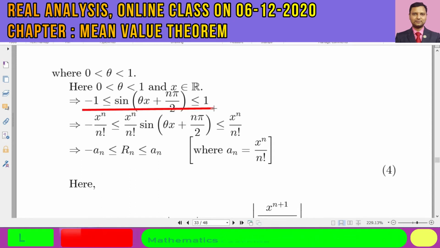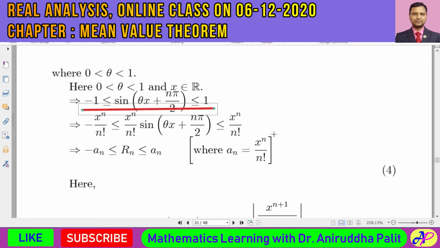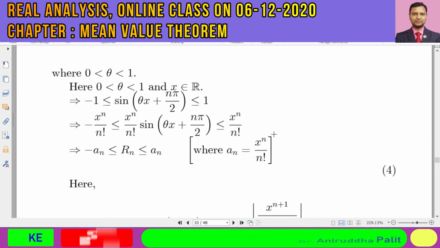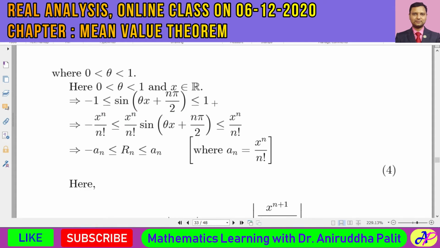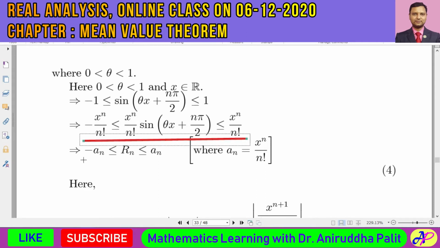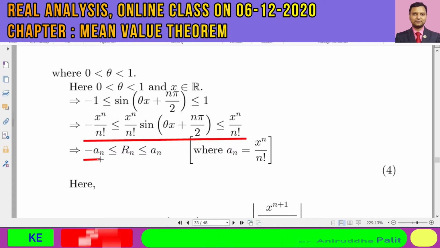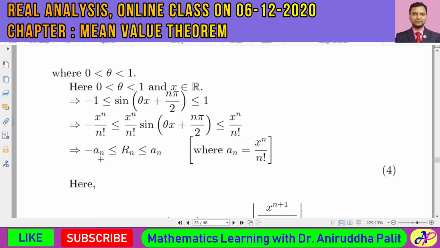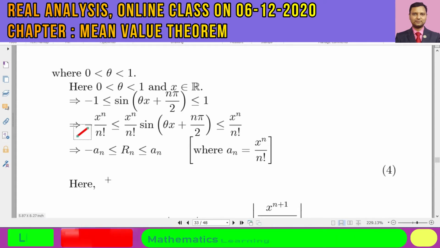So if we multiply this inequality by x to the power of n by factorial of n, we get this type of result. Ultimately, the left hand side and right hand side are very similar, except for the negative sign.